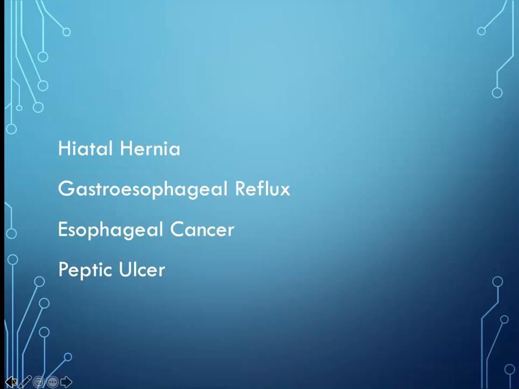So for hiatal hernias, we have some of the types of the hernias that are out there. So there's the inguinal hernia, femoral, umbilical, and ventral or incisional. And they're all managed differently.